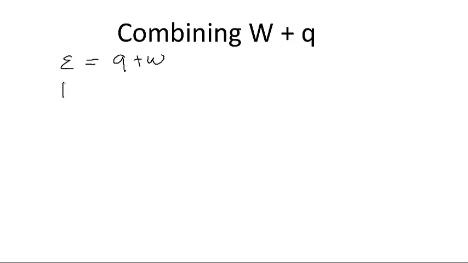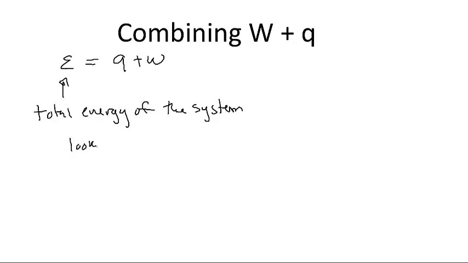Now, E is the total energy of the system. So the total energy of the system is equal to Q, which is the heat, plus W, which is the amount of work. So we're generally going to be looking for changes versus absolute.